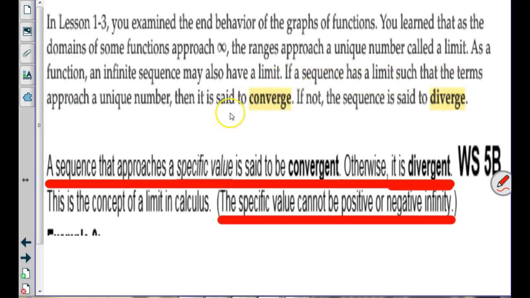If it has a limit or approaches a particular number, then it is said to converge. If not, it is said to diverge. So diverge does not mean that it goes apart or does anything crazy. It just means it's not approaching a single number. That number that it's approaching cannot be positive or negative infinity. It has to go toward 1 or 0 or something. Okay?